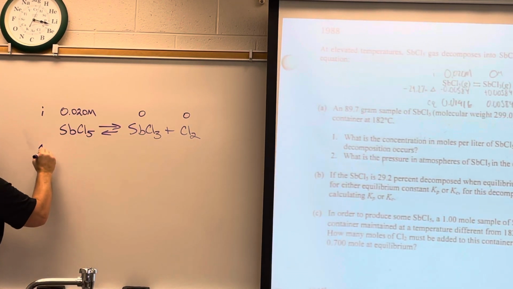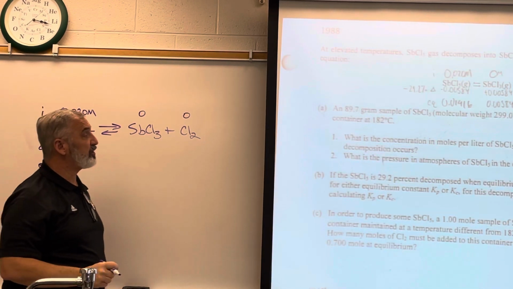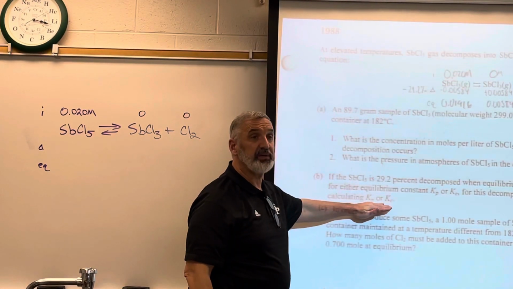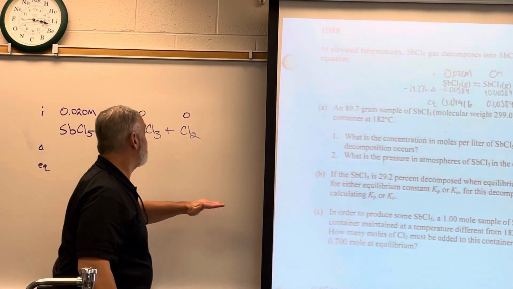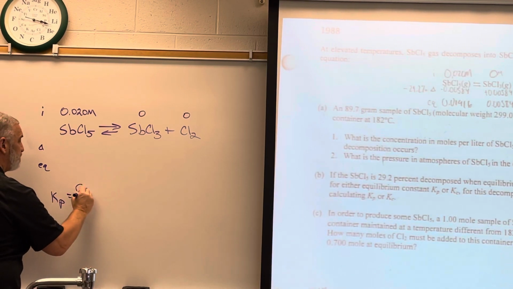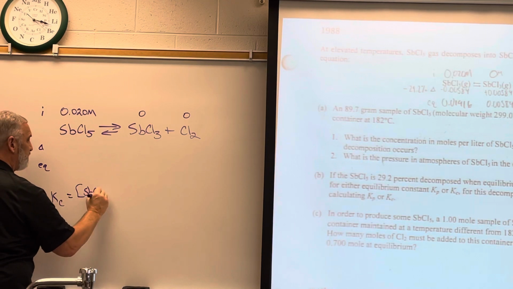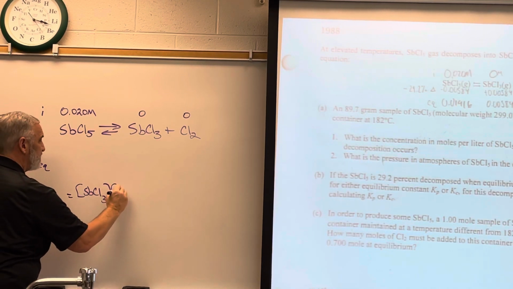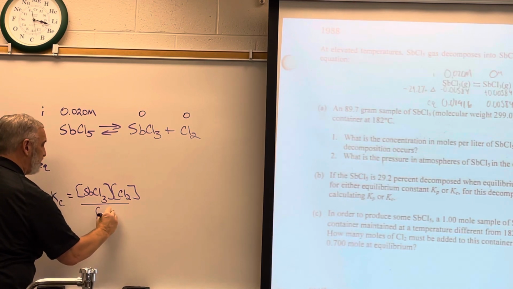So now I'm going to have a change and an equilibrium. The question is to calculate Kp or Kc. So Kc is going to equal SbCl3 times Cl2 divided by SbCl5.